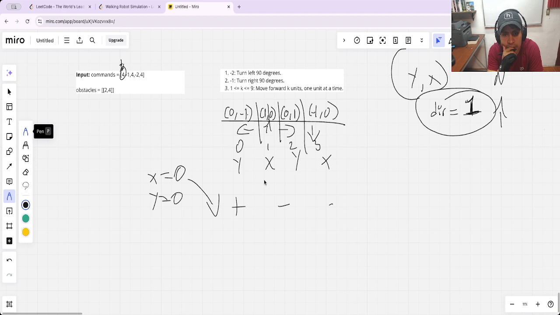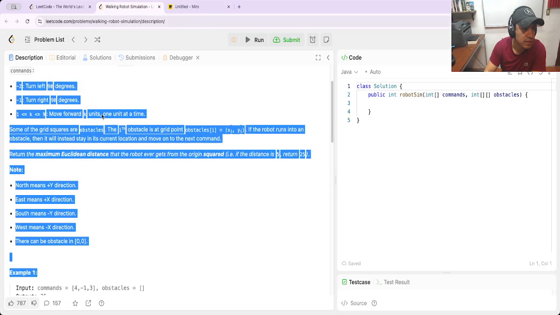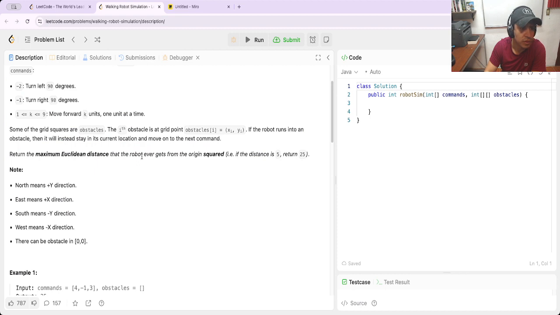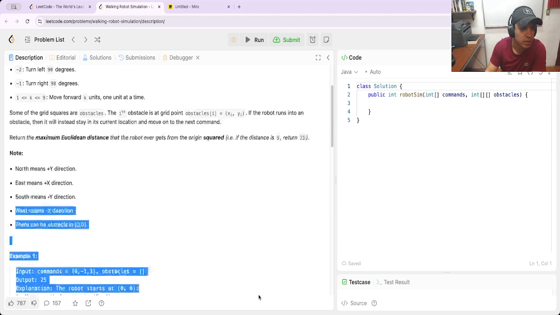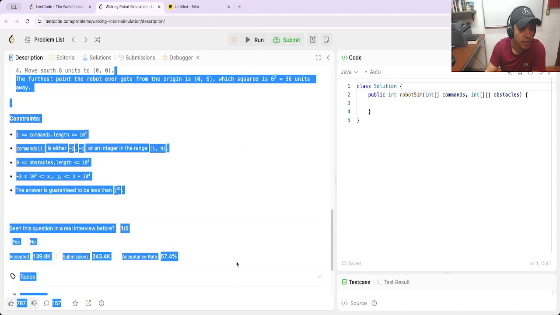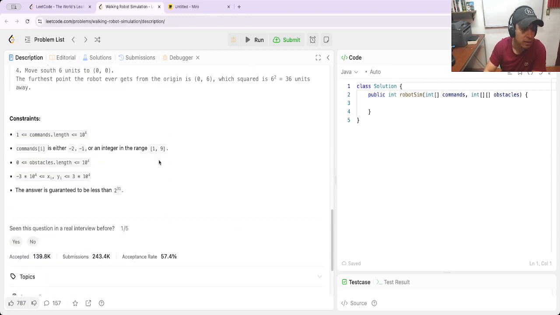But for example, if we start here and we move here, and here we return the maximum Euclidean distance. But what happens when the robot comes back?